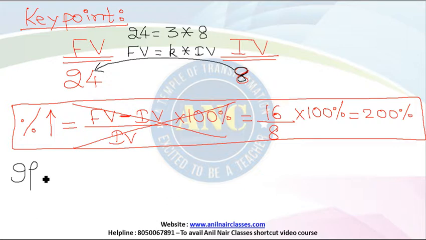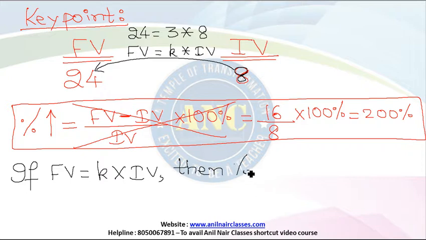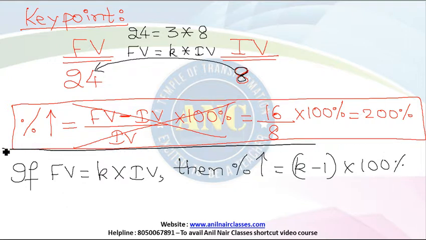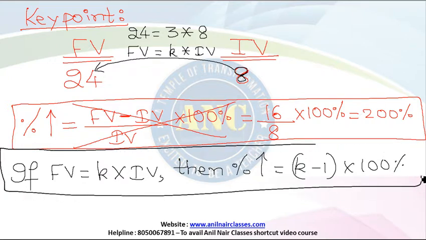Very, very important point. If final value is equal to k times of initial value, then percentage increase can be directly given by the notation (k minus 1) into 100%. If you want, check it out. K value in my above example is 3. 3 minus 1 is nothing but 2. 2 into 100% is 200%.